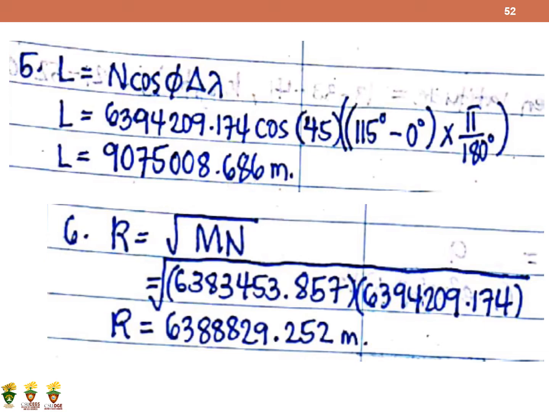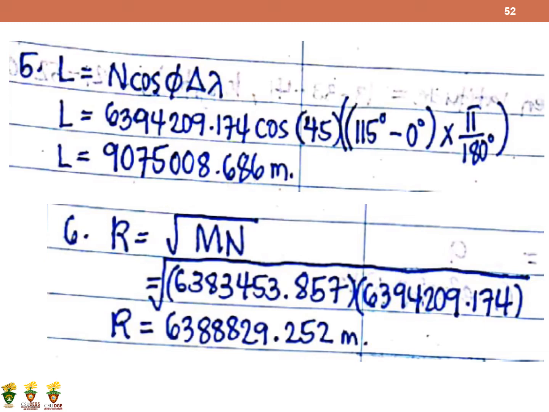And do not forget to convert the degrees into radians so you can get the answer. So substitute the value of n, the geodetic latitude, and the change in longitude. You can have the value of L to be 9075008.686 meters.